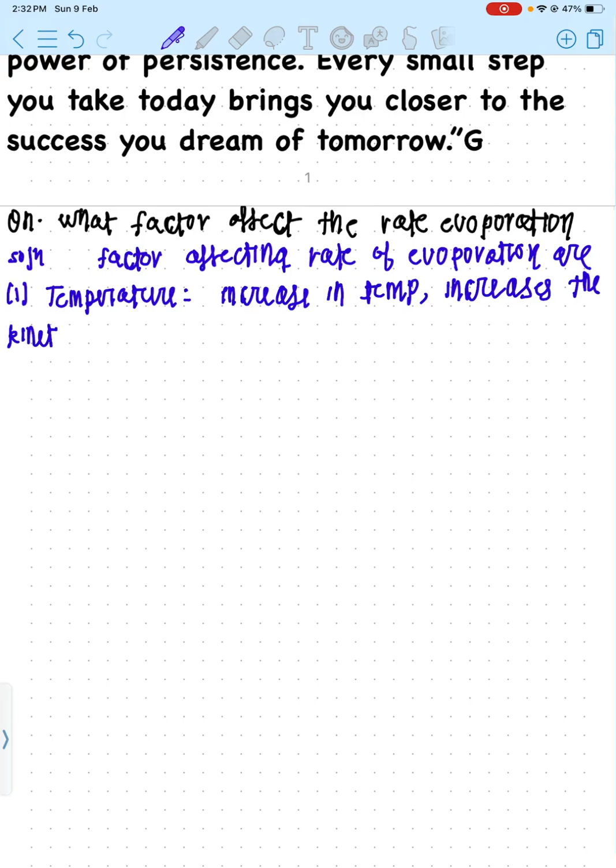As we increase the temperature, kinetic energy increases, they collide, and when they collide they try to escape out from the liquid. It means the rate of evaporation will increase. So the increase in the kinetic energy causes an increase in the rate of evaporation.